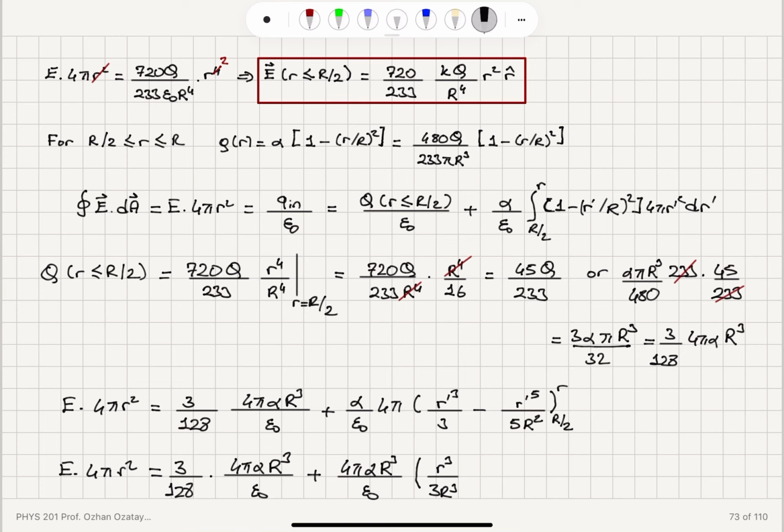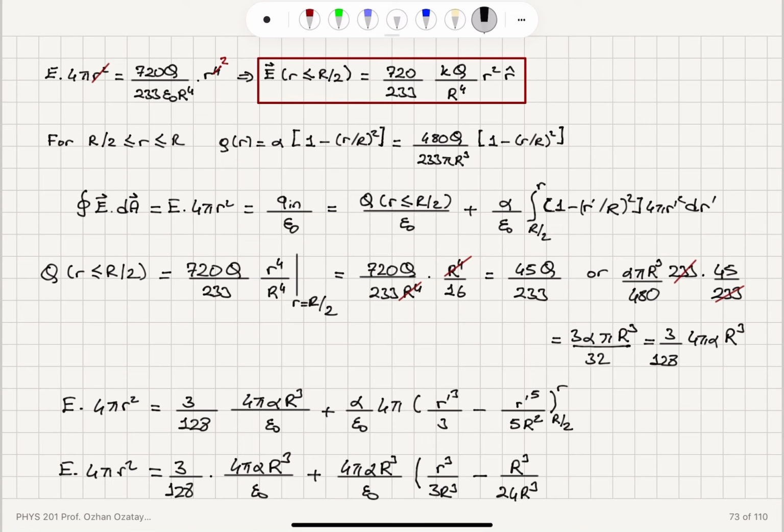This will give me minus capital R cube divided by 3 times 2 to the third power is 8, 24 capital R cube.